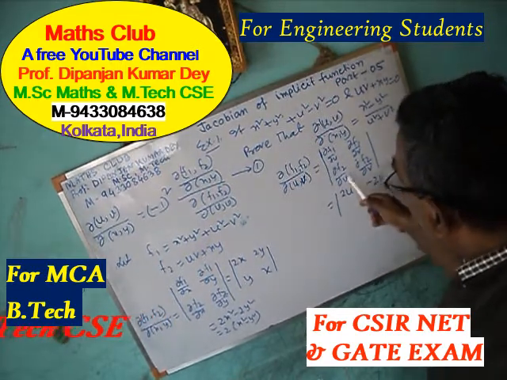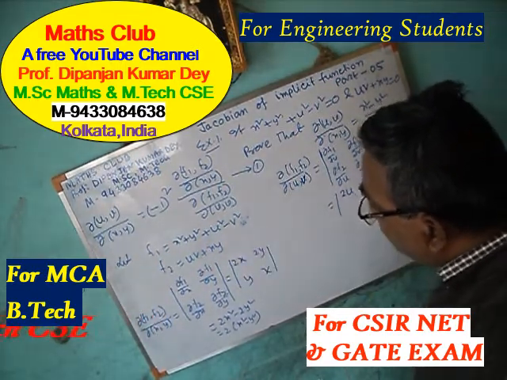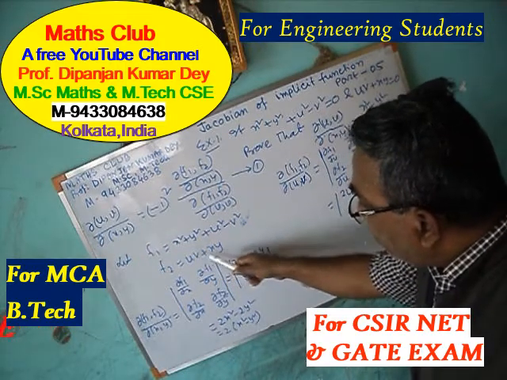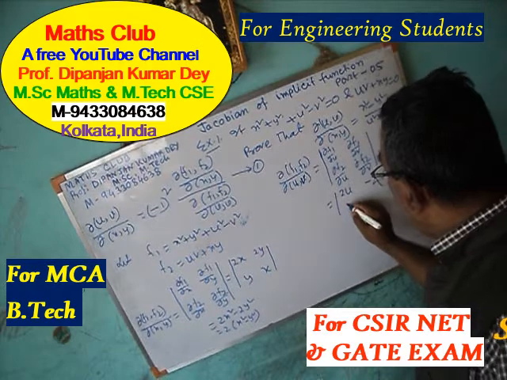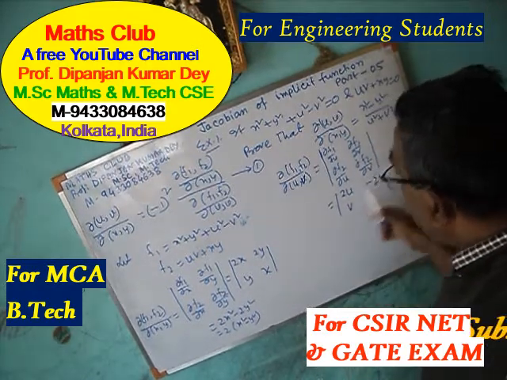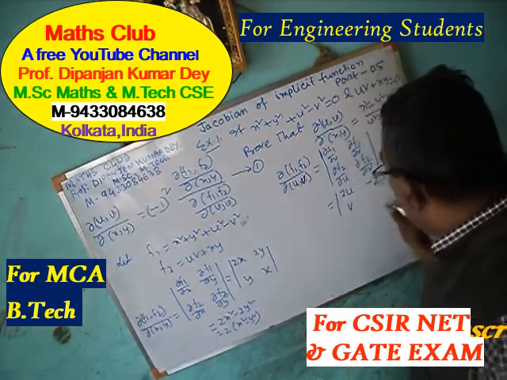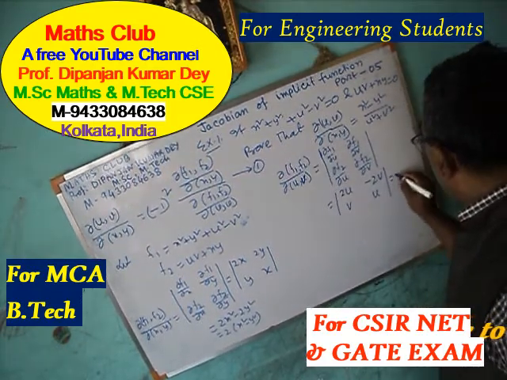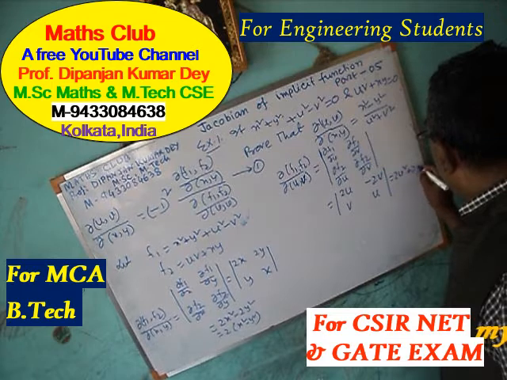Del f2 by del u, with respect to u when v, x, y are constant, will be v, and del f2 by del v is u. Okay, so this becomes 2u square plus 2v square.